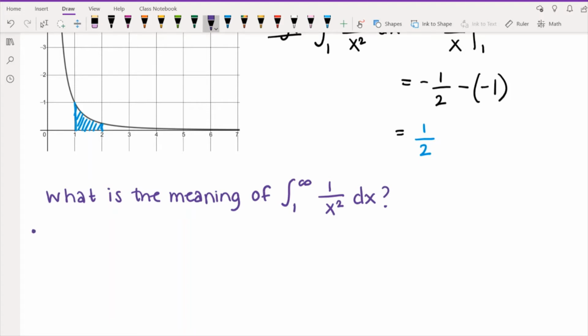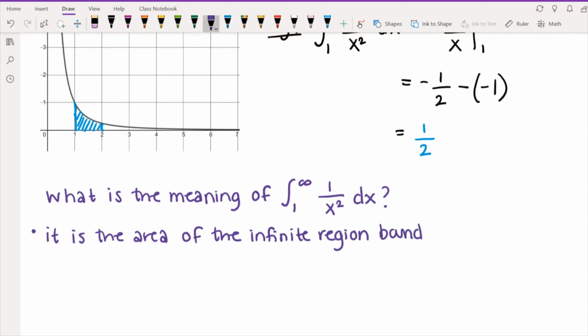Well, it refers to the area of now an infinite region. So it is the area of the infinite region bounded by, so most of the same stuff we said above.